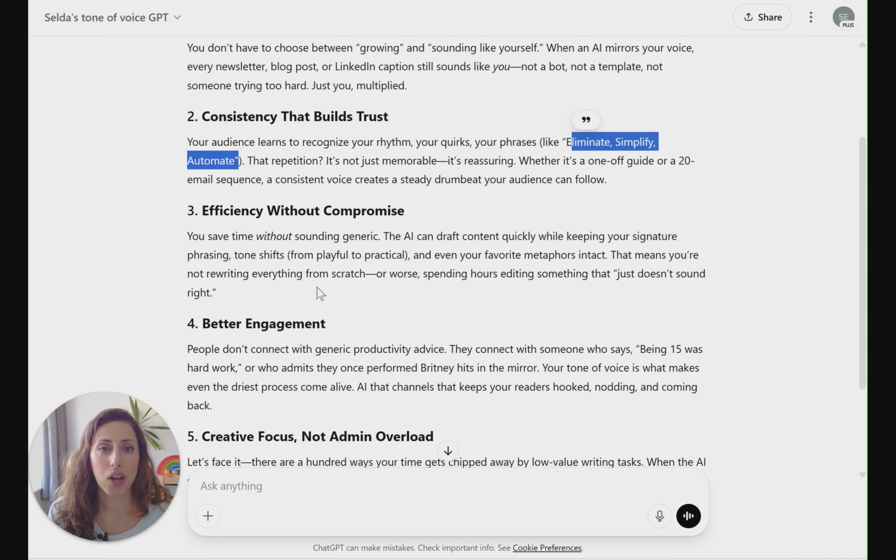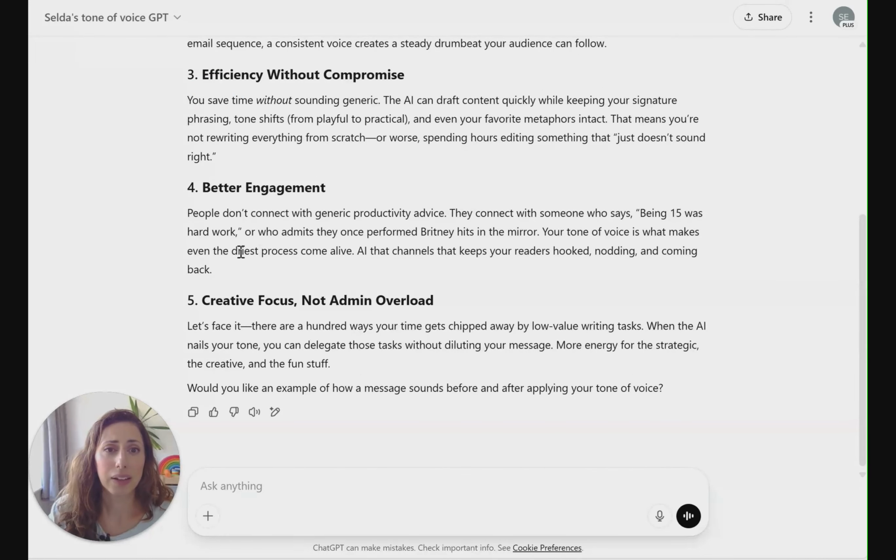Efficiency without compromise does sound like what I would say. What else? Being 15 was hard work. Yes, or who admits they once performed Britney's hits in the mirror? Unfortunately, that was me. Yes, guilty. Creative focus. I mean, there are obviously fewer points because I usually use fewer.